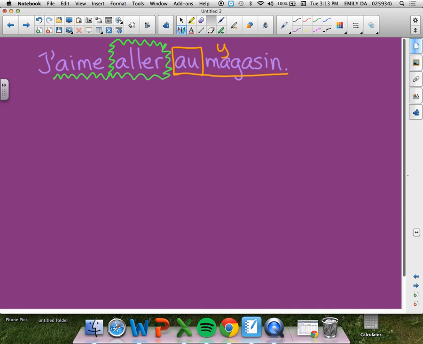And I know from my direct and indirect object pronouns that my pronouns go in front of the verb unless there's an infinitive, and then they go directly in front of the infinitive. So I know that that pronoun y is going to go directly in front of this infinitive, which I have the green squiggly box over.